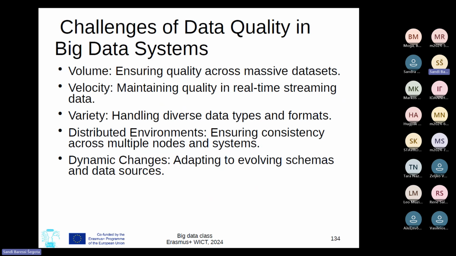The same goes for velocity. You're loading a lot of data locally. Checking it if you're trying to get some sort of data streaming, real-time data streaming, is a possible issue. Variety, as I mentioned, means you have a lot of different data sources and data types and how they're formatted, and you need to transform that.